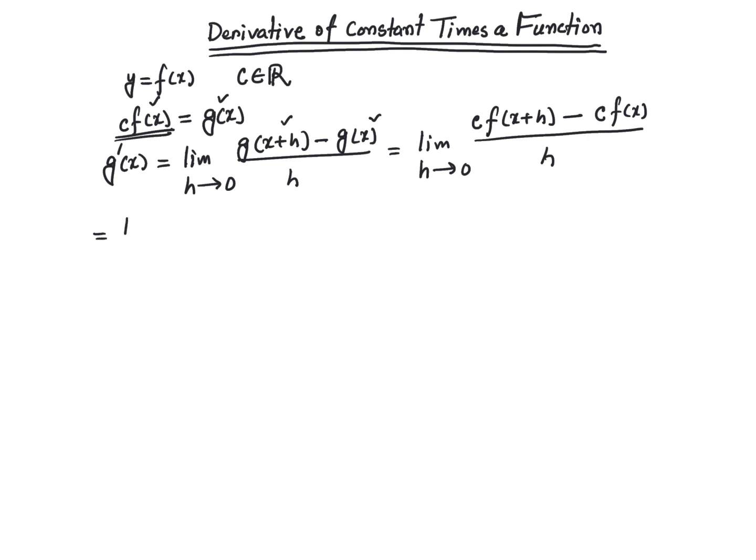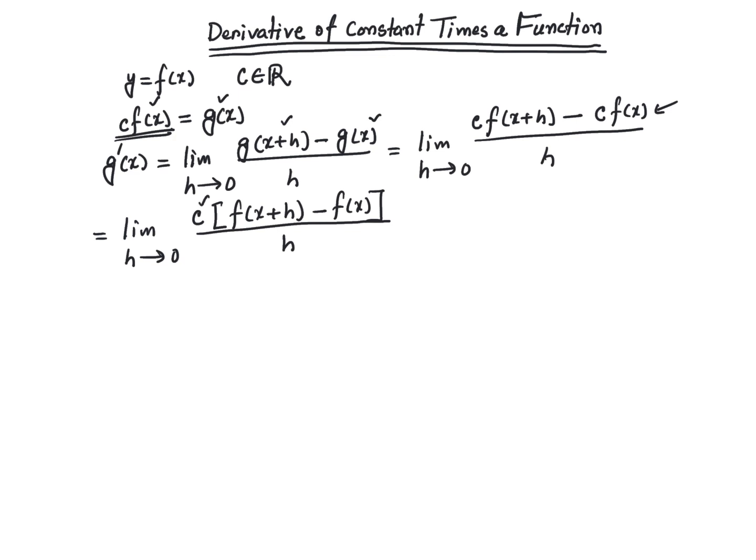Now that is equal to limit h approaches 0. I could factor out c on the numerator right here. That's going to give me f of x plus h minus f of x, all of it divided by h.